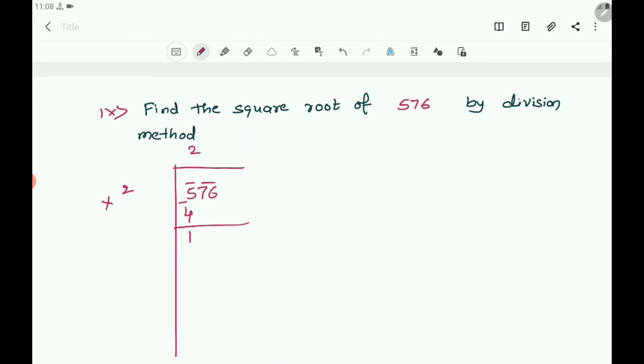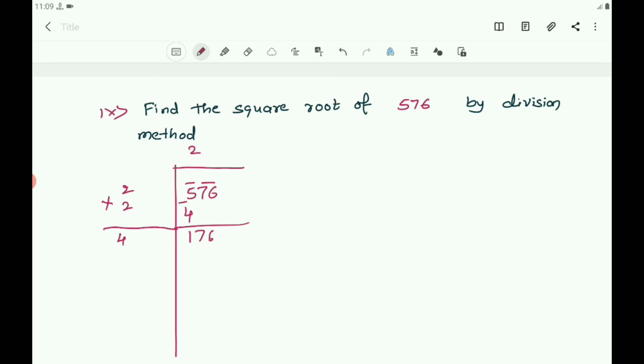Then you add this same number, or double this 2 here: 2 plus 2, you will get 4. Then you take the next digits under the next bar. So you take down 76. The number becomes 176. Therefore, here take some digit in front of 4.